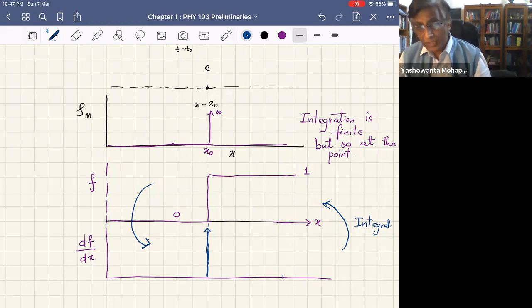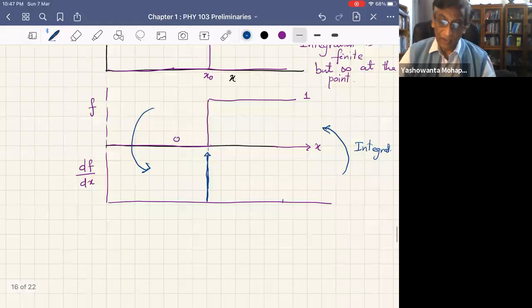So with this motivation, why do you require it? Because often we'll talk about a point charge. How do you deal with a point charge, or an extremely thin layer of charge, and so on and so forth? That is why this concept is important.